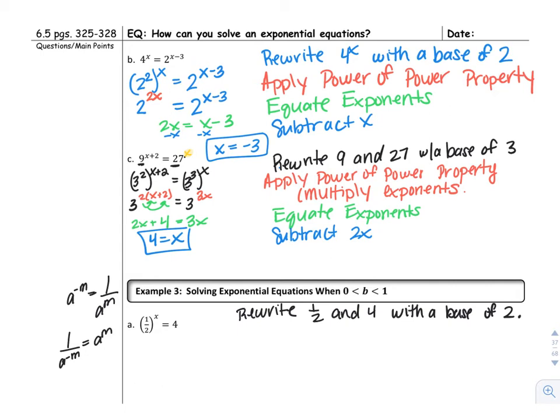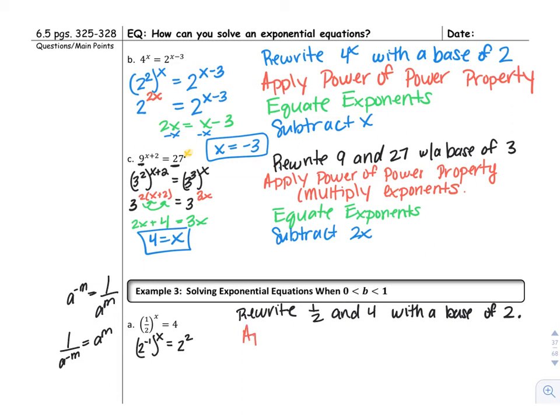So we'd have to figure out, how do we get the 1/2? If you remember our negative exponent rule, 1/2 can be rewritten as 2 to the negative 1 power. Then you can rewrite that 4 as 2 to the 2nd power.